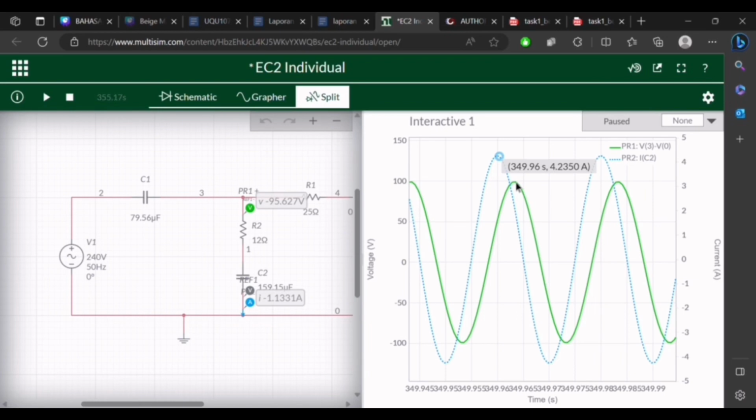Click at the voltage peak. The voltage peak is 98.598 volt. So that's how to read the graph at the Multisim simulation.